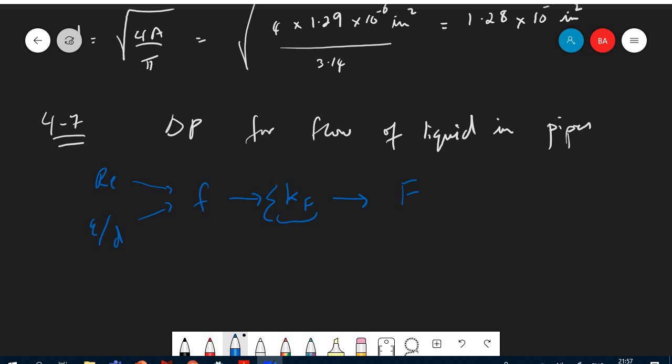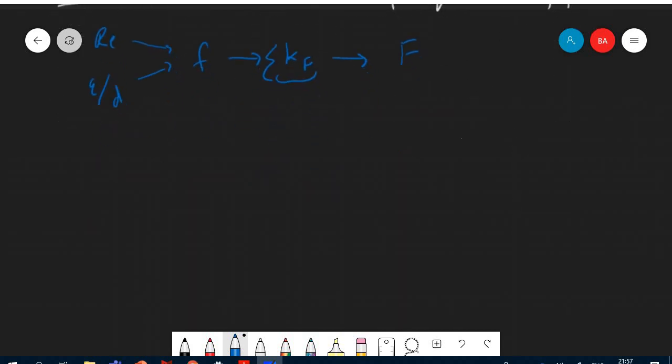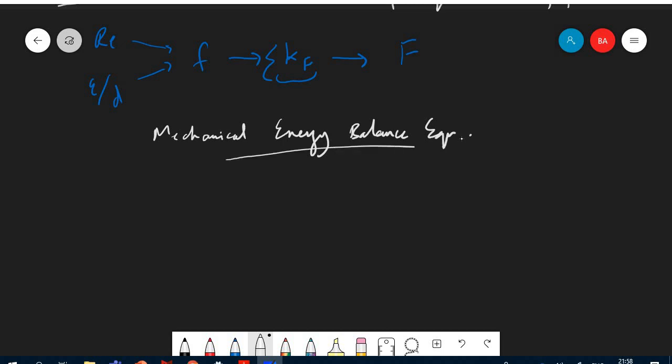So from the mechanical energy balance equation, what do I have?